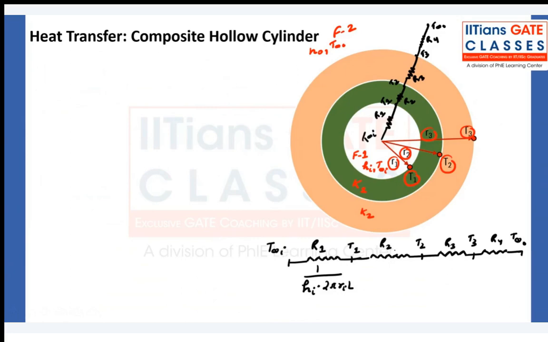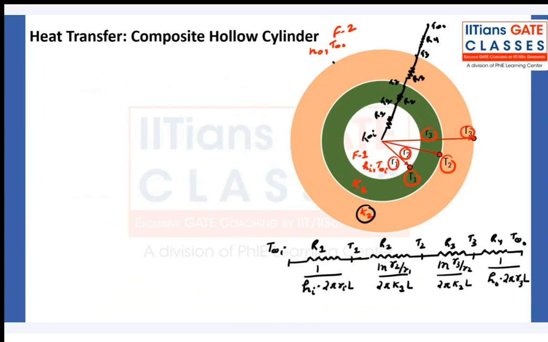R2 is conduction resistance: ln(R2 by R1) upon 2 pi K1 L. L is the same, the length of the cylinder will remain the same. Then the outer cylinder resistance: ln(R3 by R2) upon 2 pi K2 L. And then I'll take 1 upon h out times 2 pi, with radius outside R3, times L. Is it clear? Is this much clear? Tell me very quickly.